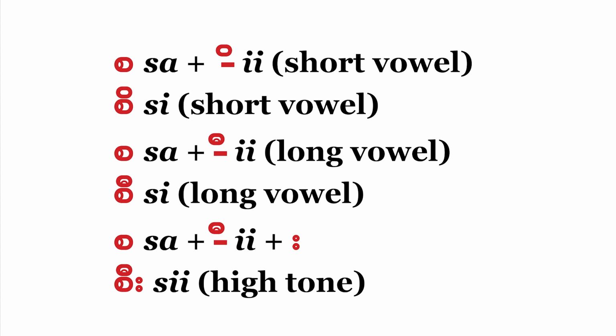And finally, if you add two dots called wisabao or wisanalongbao, it becomes si. Your voice should go up. You have to raise your voice with those two dots, so it becomes si.